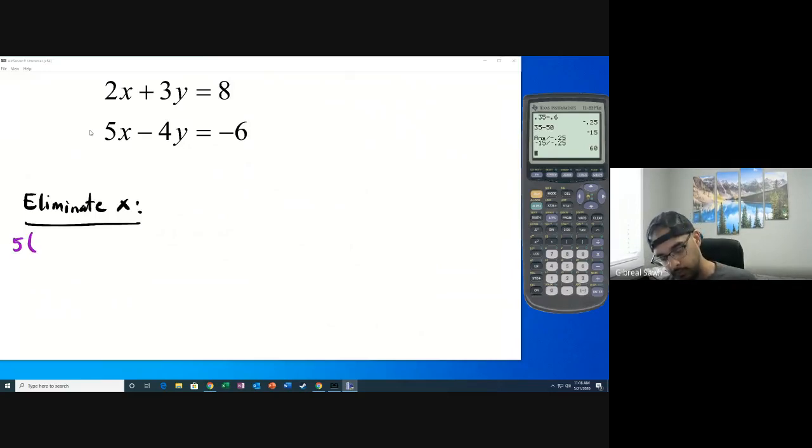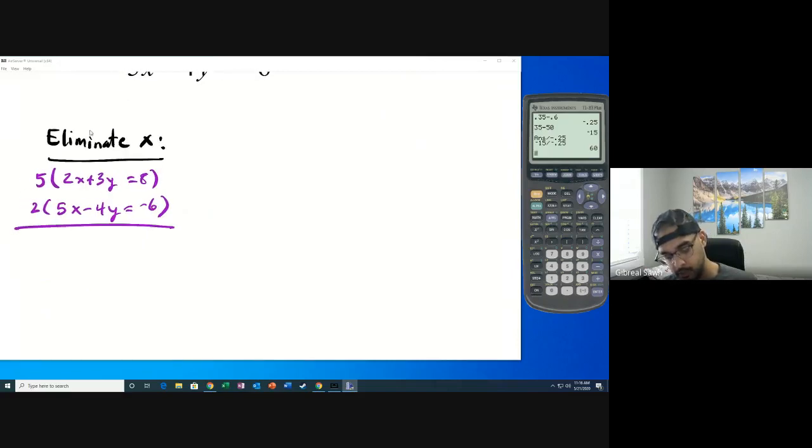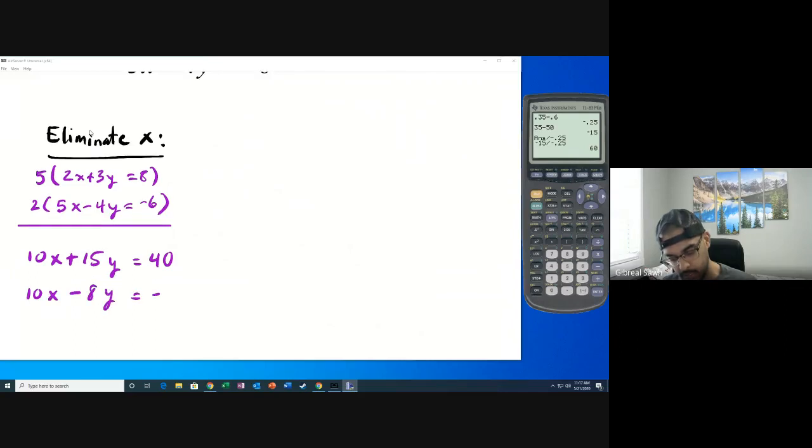So 5 times 2x plus 3y equals 8. And then we're going to multiply the second equation by 2 in order to get us to that 10. Which means my two equations turn into 10x plus 15y equals 40, and the second one is 10x minus 8y equals negative 12.